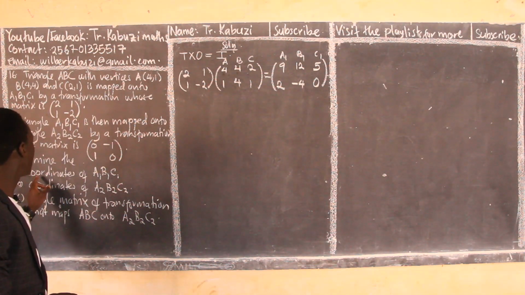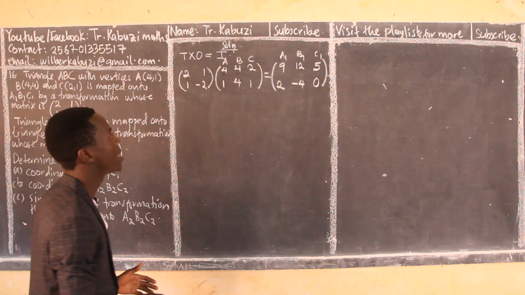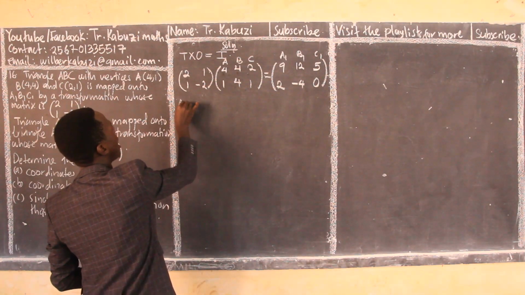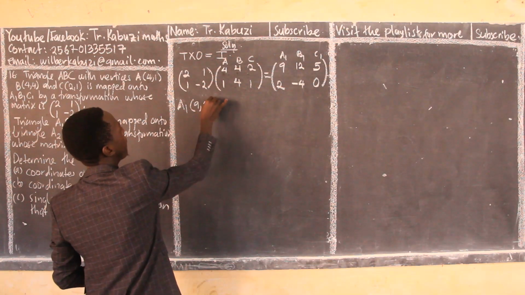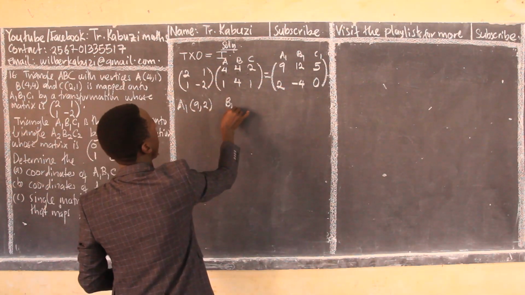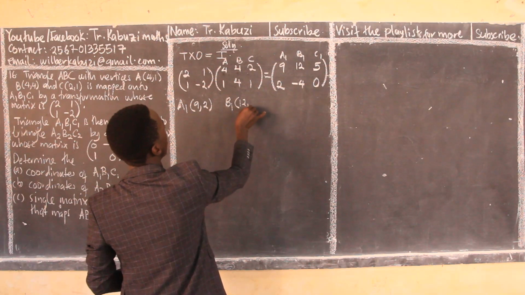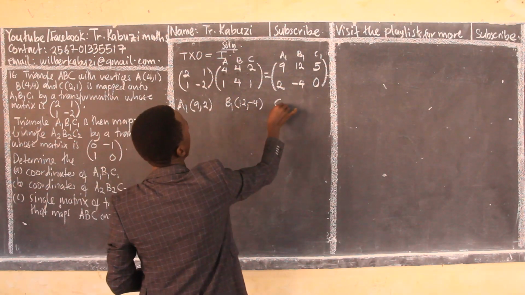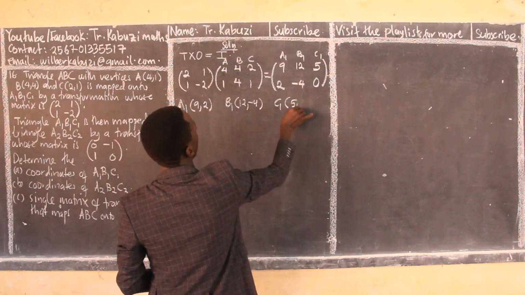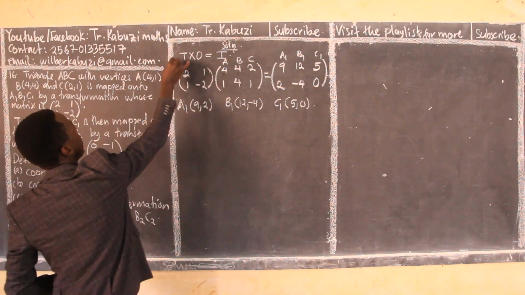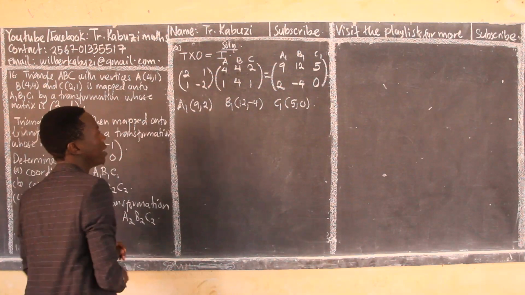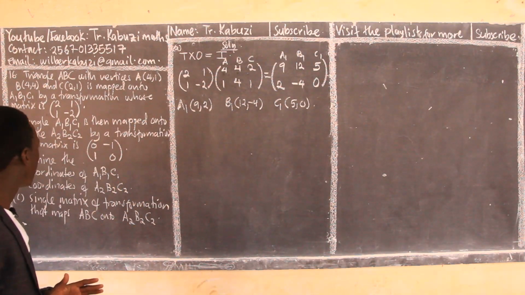They are saying determine the coordinates. If you want the coordinates, you come and write A1, B1, C1. So those are the coordinates, and that was your part A. As simple as that, you have your 5 marks with ease.